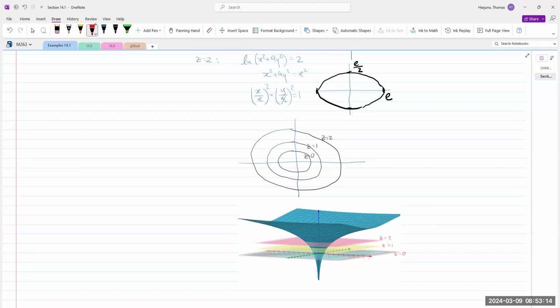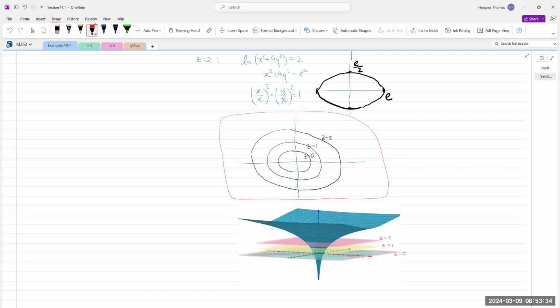Now the problem is that later on, our textbook will give you this contour map and then ask you, as z increases, where does the graph go?